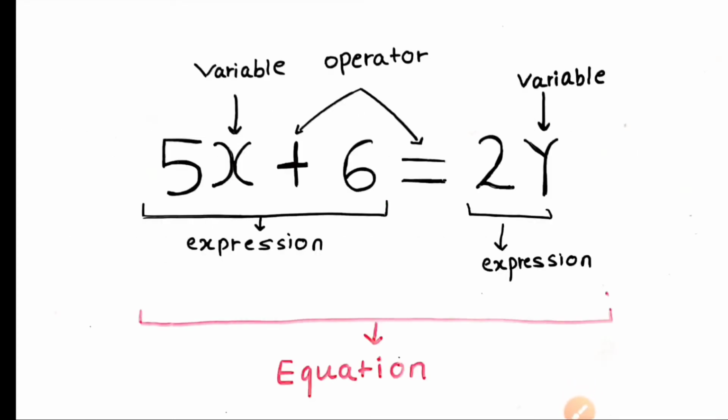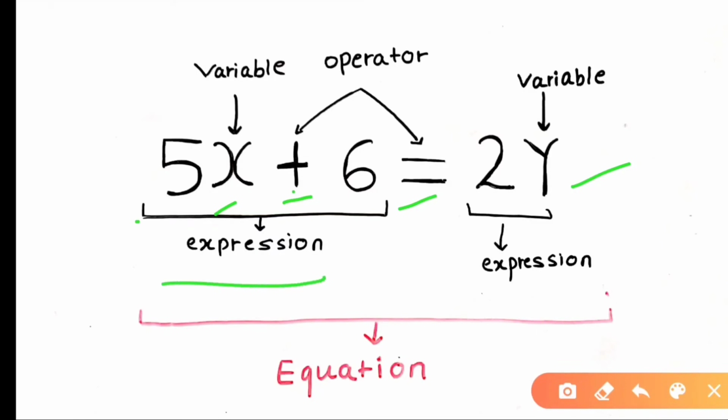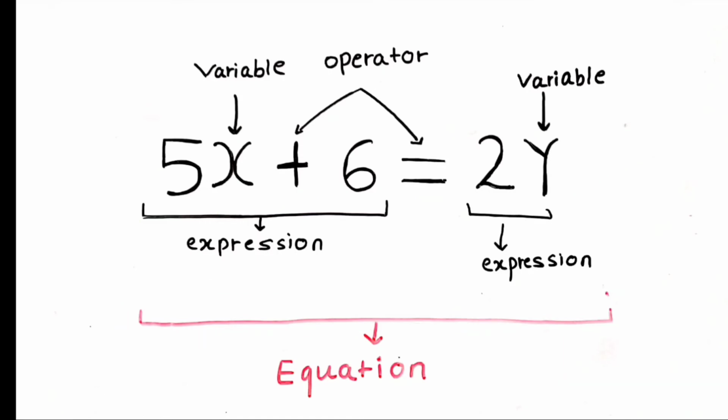Here you can see plus and equal to are called operators. x and y are variables. 5x plus 6 is an expression. Just 2y is also an expression. But if we combine these two, it becomes an equation.